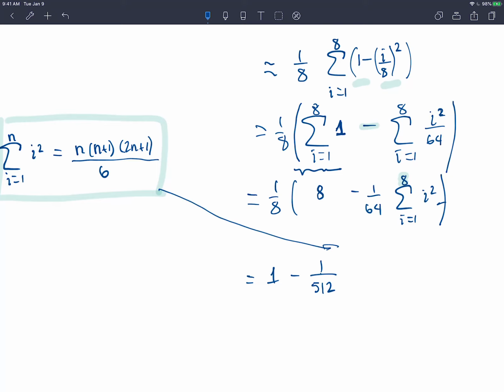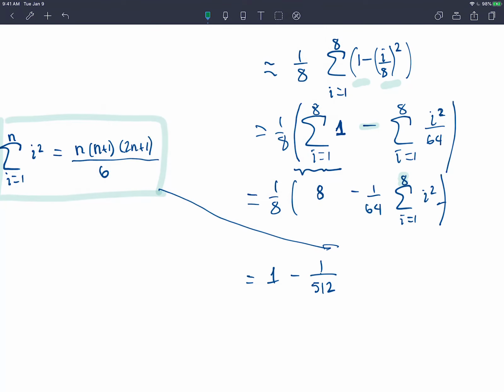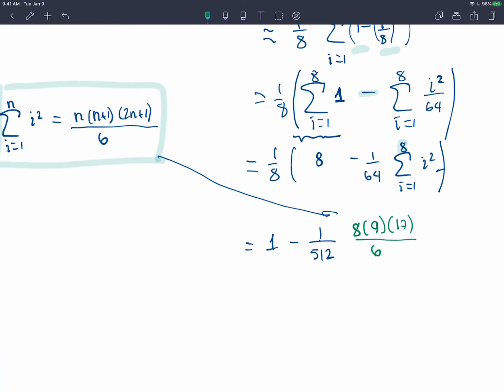That formula becomes, plugging it in right here, n, which is 8, times n plus 1, which is 9, times 2n plus 1, so n is 8, so it's 16 plus 1, it's 17, and all that divided by 6. So you put that in your calculator.